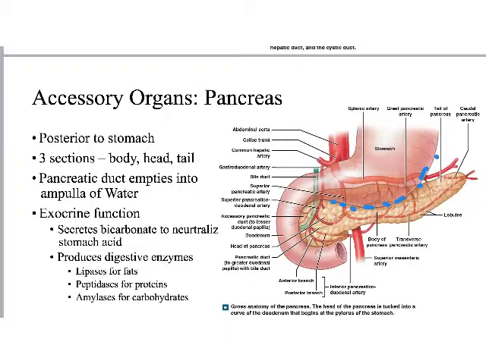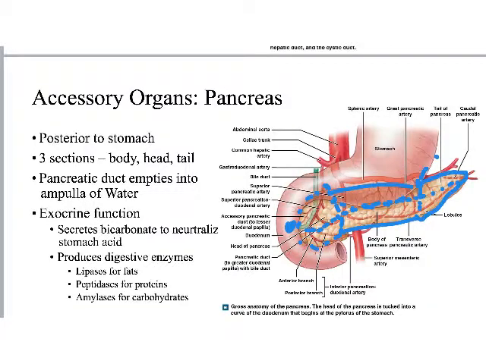So the pancreas is retroperitoneal, sitting behind the stomach. It is also composed of three sections. There is the tail, which you should be able to recognize here. There is the head, which is this circular portion on the other side. And then the body is everything in between. And remember that there's a duct that runs through the middle of that, because the pancreas is producing a lot of enzymes, bicarbonate, and some other juices that flow through that duct and eventually get emptied into the duodenum, where they can aid in digestion.